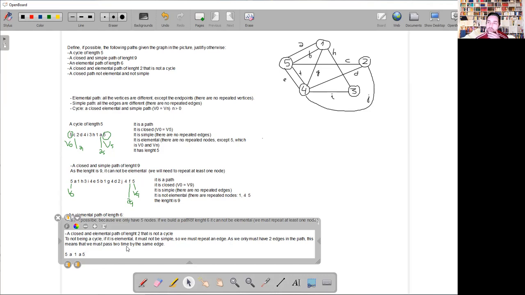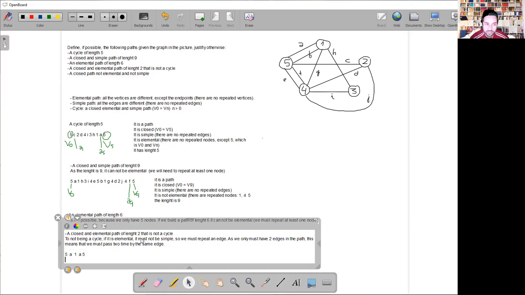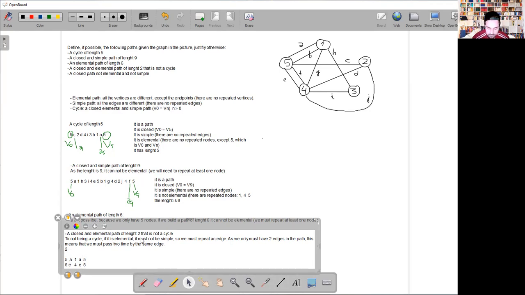This is an example, but another example could be if we start in 5 and we go to 4 by E, and we come back again by E. Right, so these are 2 examples.